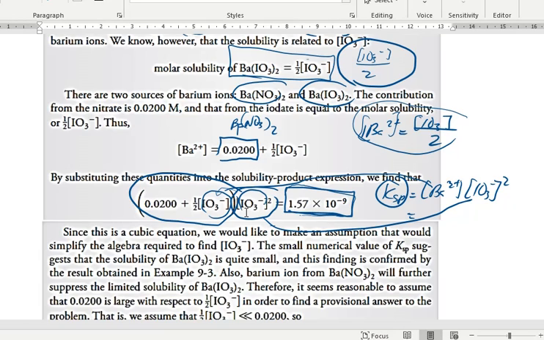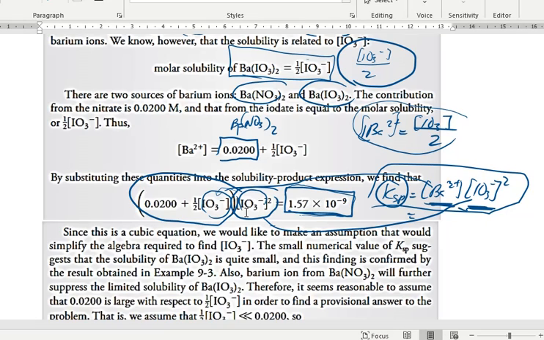That's the value of Ksp. From that value, we can say that the concentration of barium or iodate in this Ksp equation, when multiplied together, gives 1.57 times 10 to the minus 9.